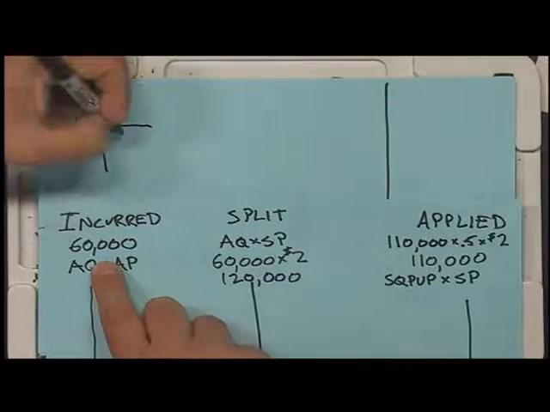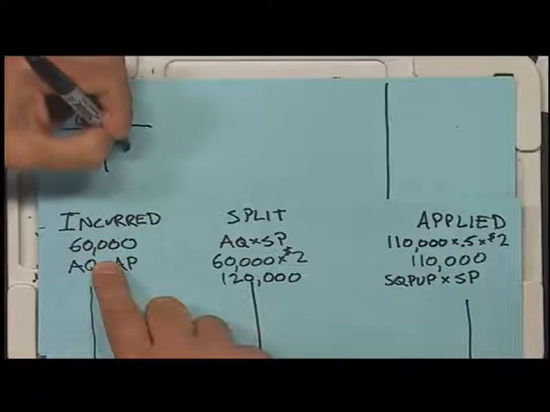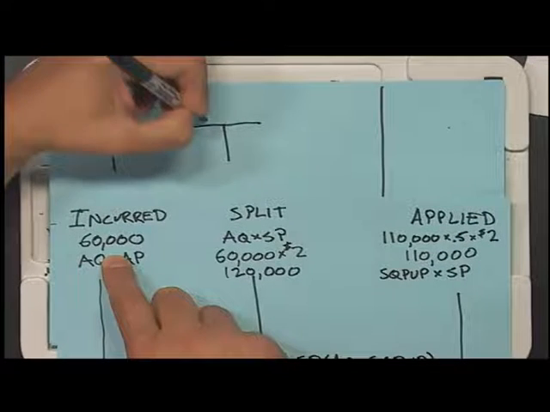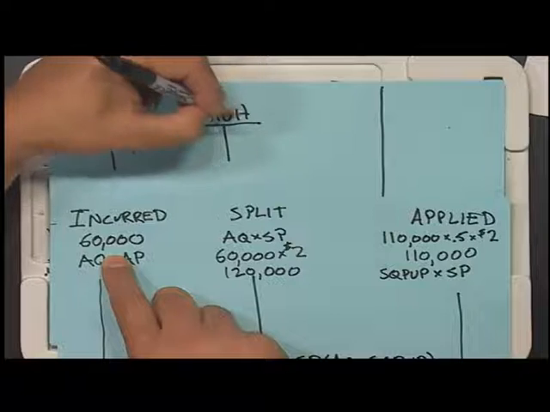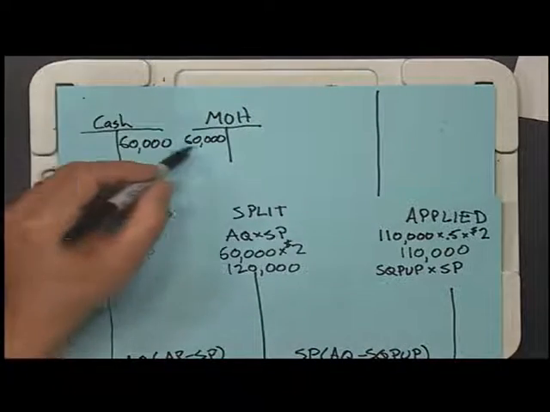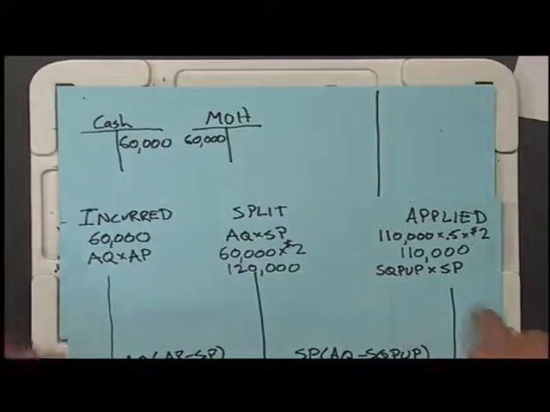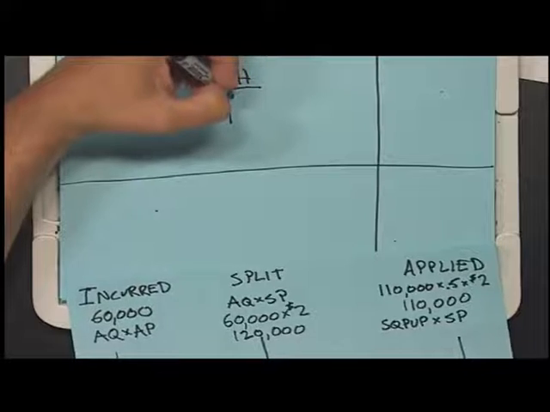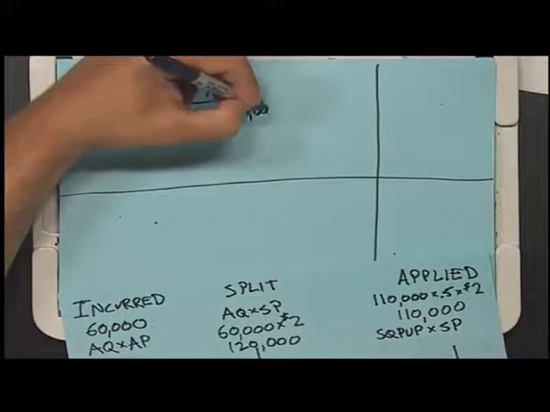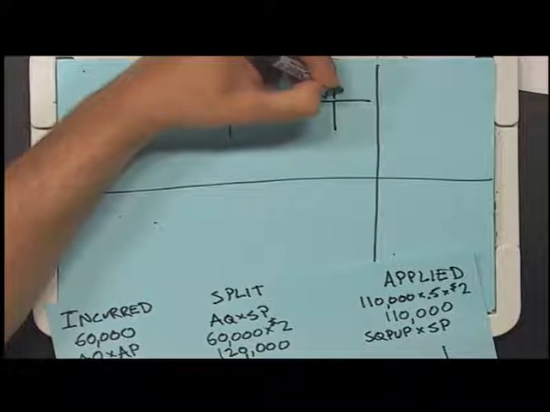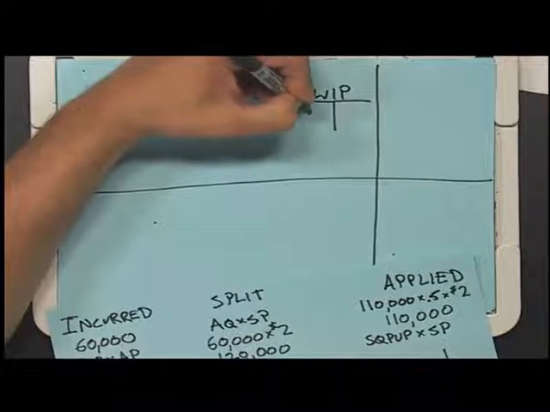We incurred $60,000, and we put that into our overhead account over the course of the period. We apply $110,000. That comes out of our manufacturing overhead account and goes into work in process.